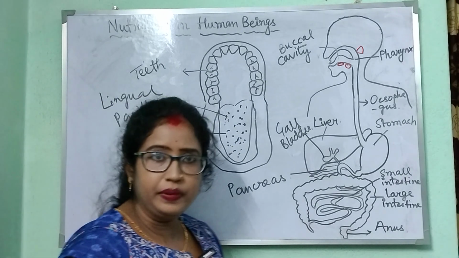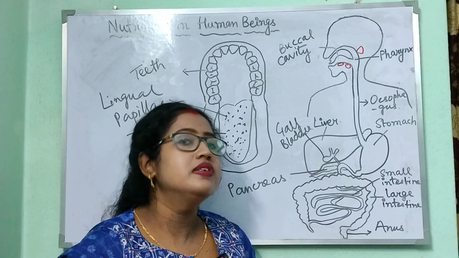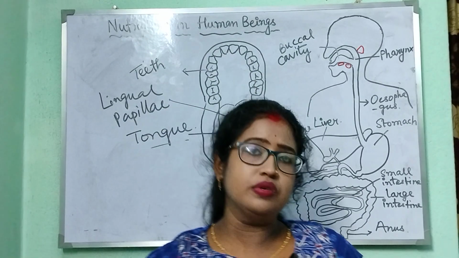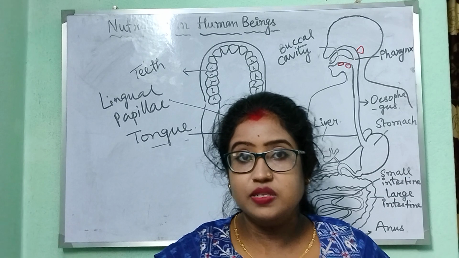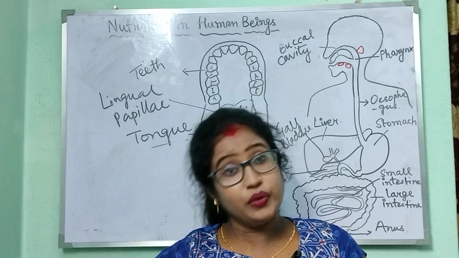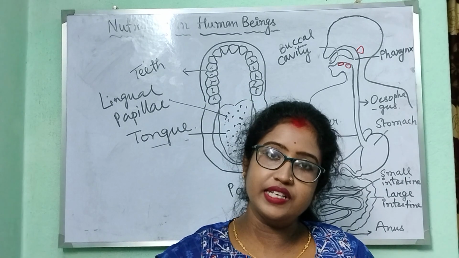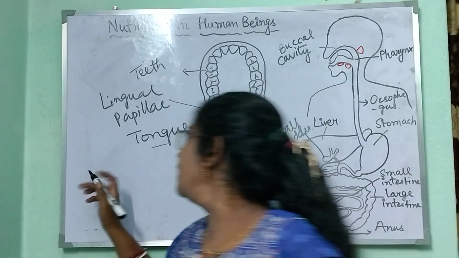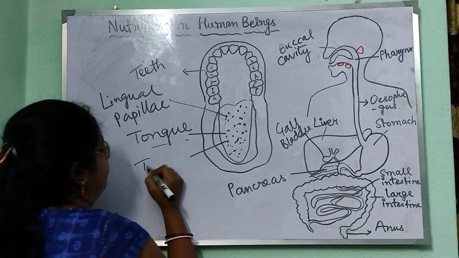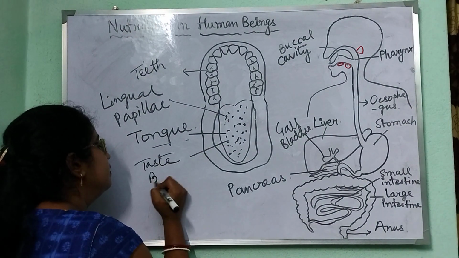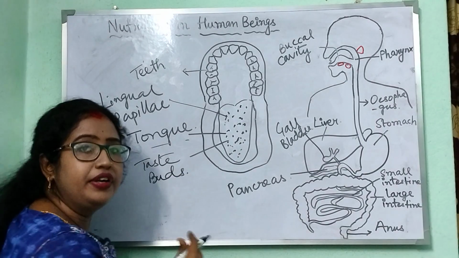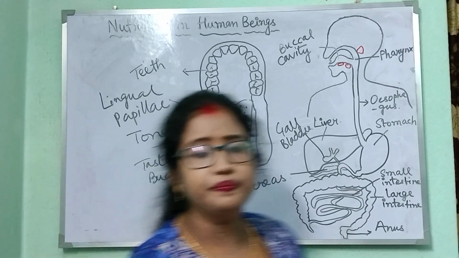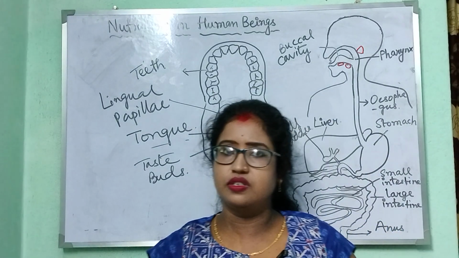Some of these lingual papillae contain taste buds, so that we can taste different foods, like if the food is bitter, sweet or salty. So with the help of taste buds, we can taste different kinds of food. So the tongue has three functions.